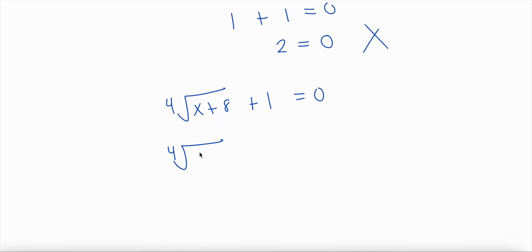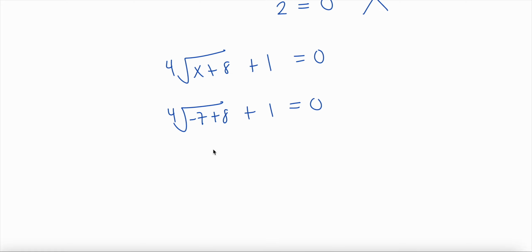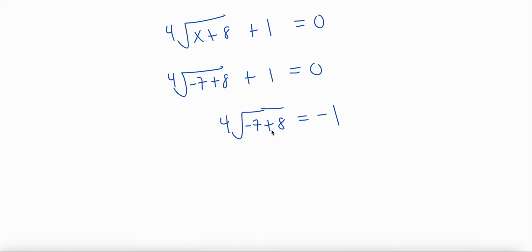So the fourth root of negative 7 plus 8, plus 1 equals 0. Then what we might do is subtract 1 from both sides and get the fourth root of negative 7 plus 8 equals negative 1. And maybe at this point we'll add these together, so we'll get the fourth root of 1 equals negative 1.